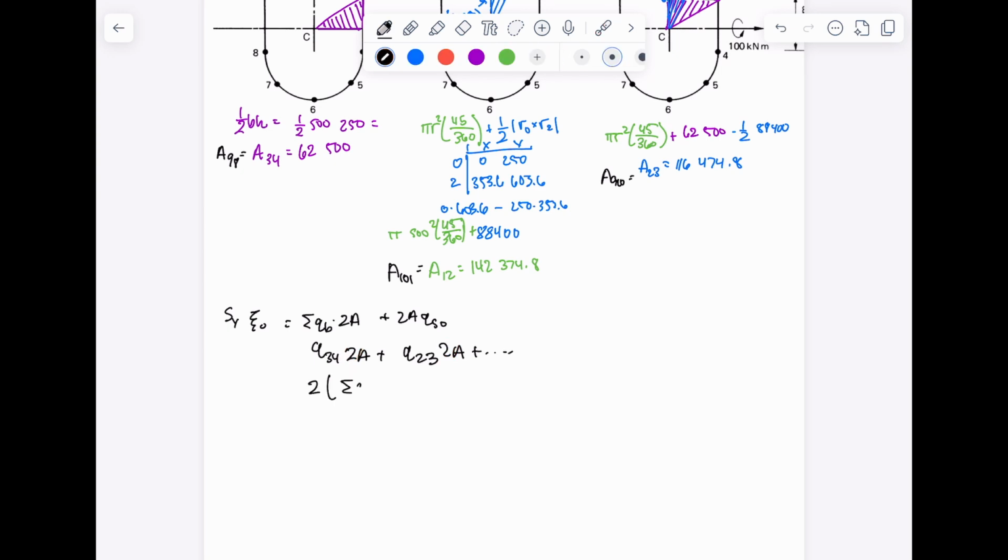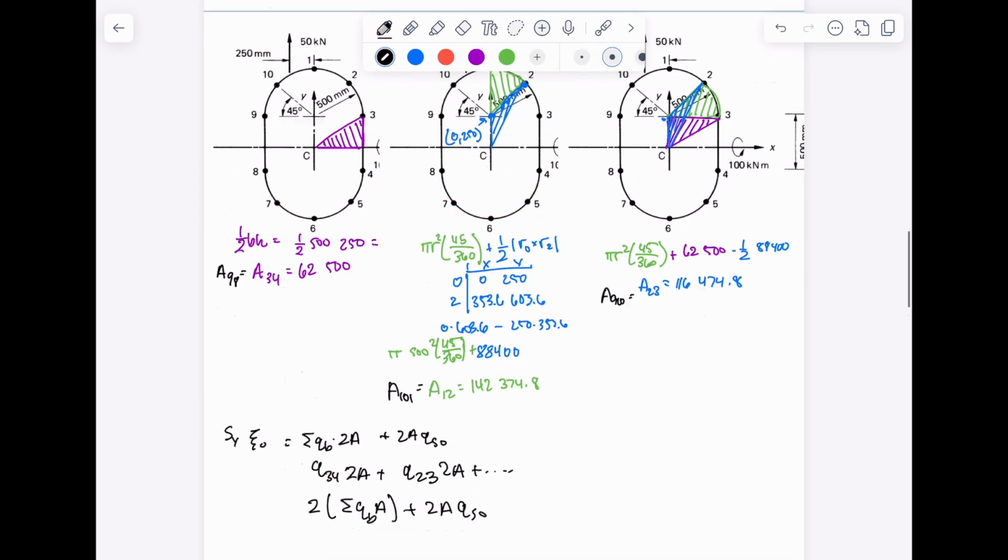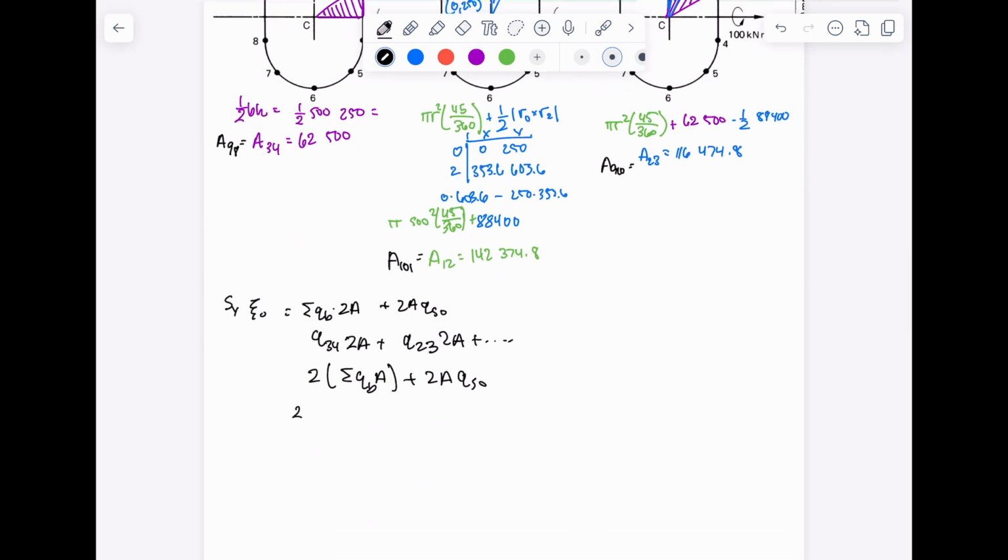That will be 2 times the sum of Q times the area. And we have to add 2 times the area of Q S0. So now that we factor out a 2, we also know that we only solved for this half of the geometry. So we need to multiply by 2 again to get the bottom half of the geometry, which will be multiplied by 2 again, which will mean that this is the formula that we are using.